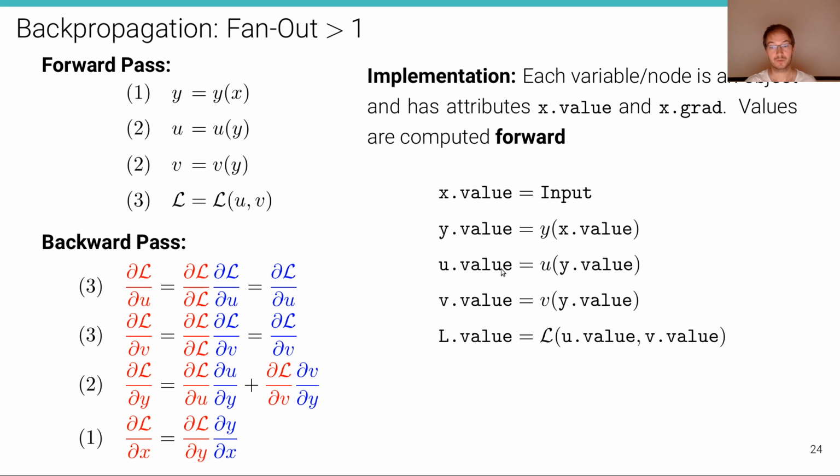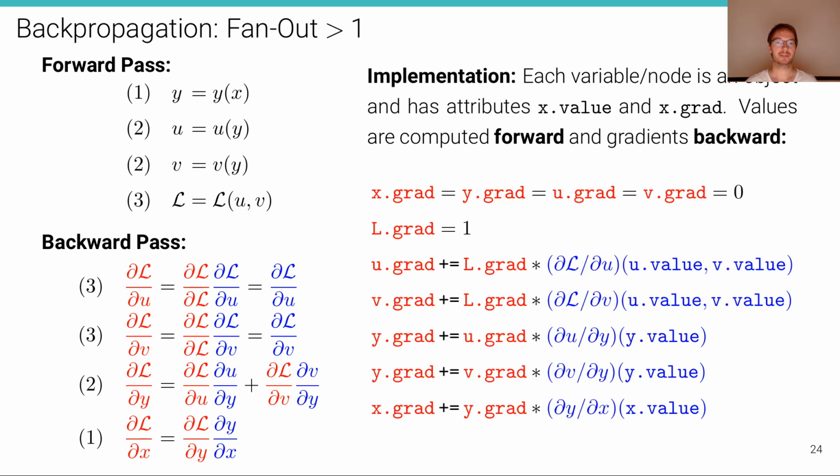Then the u value is the function u evaluated at the y value. Then v is the function v, evaluated at the y value, which has been computed here. And finally we have the loss function, which depends on the value of u and the value of v, which have been computed here. Okay.